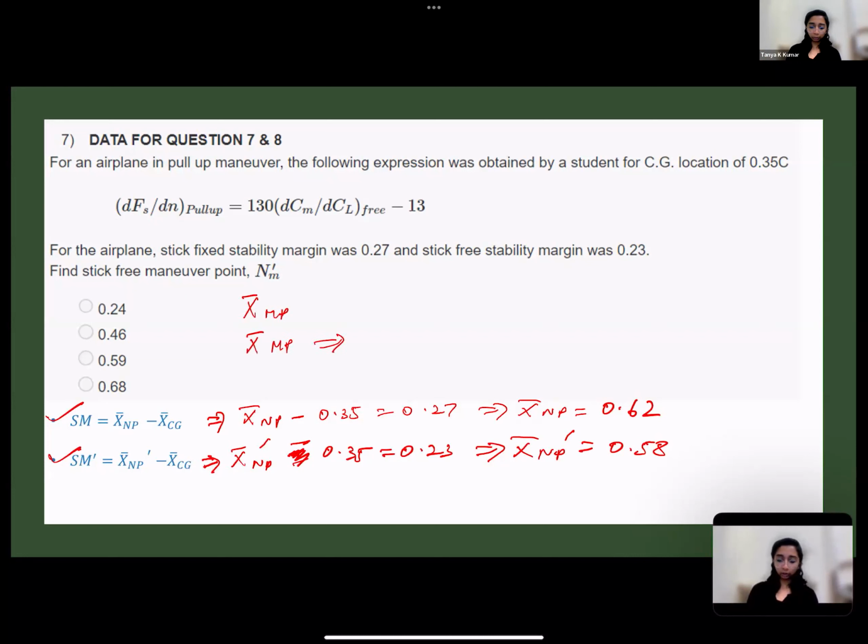For this, you told me that dFs by dn equals 0, the CG location at which dFs by dn is 0. What about the stick fixed maneuver point? What is the condition? Is it the same?